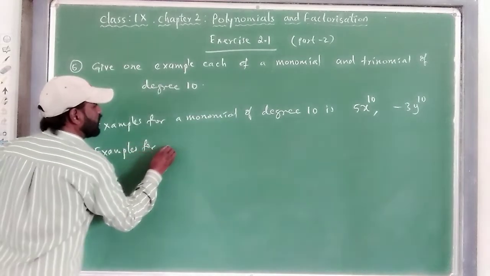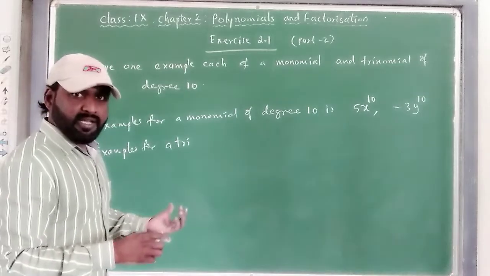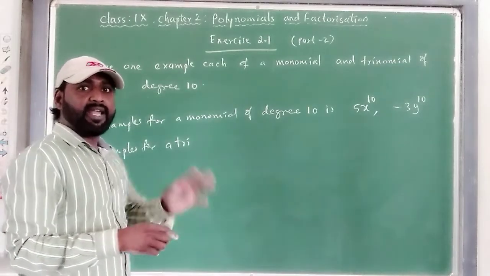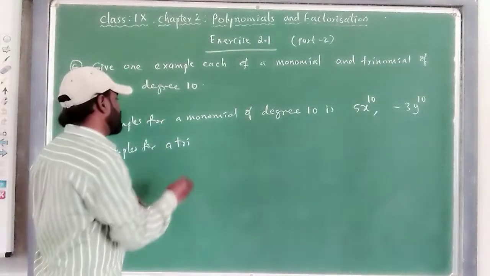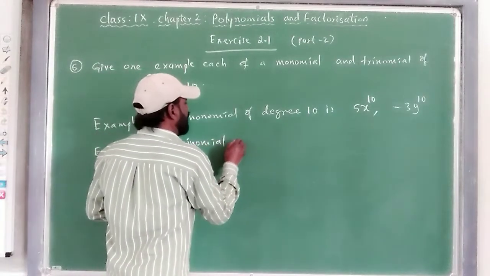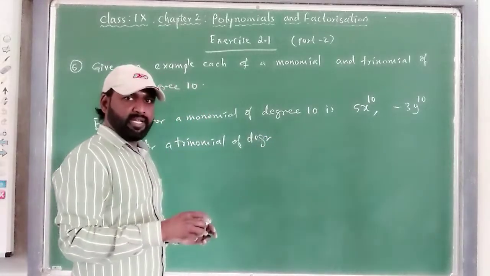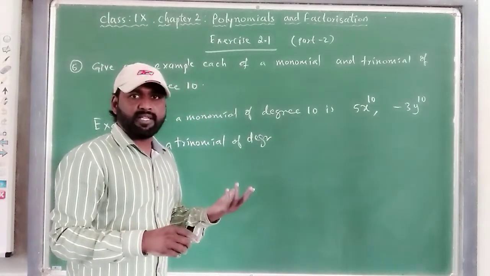for a trinomial. Trinomial means this algebraic expression should contain 3 terms in it. Trinomial of degree 10. That means whatever variable you are using in it, that variable's highest degree should be 10.